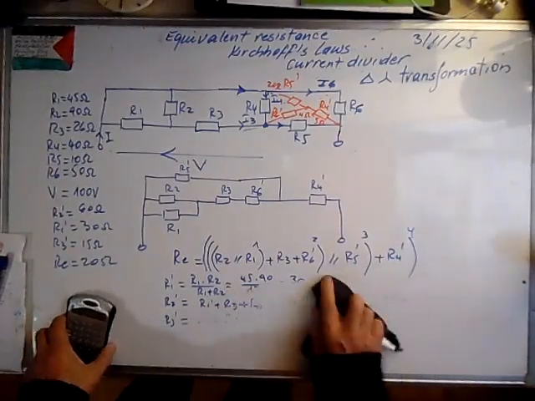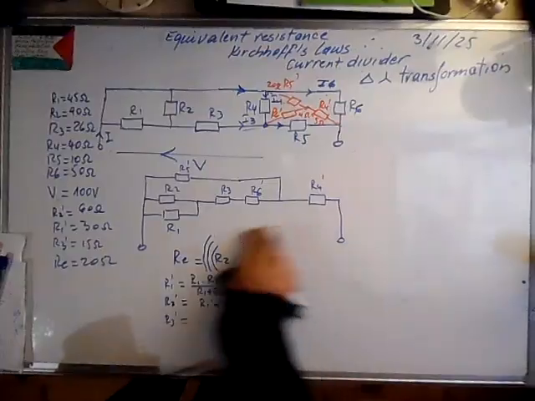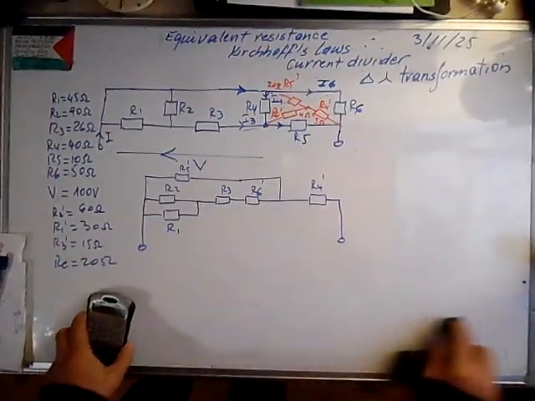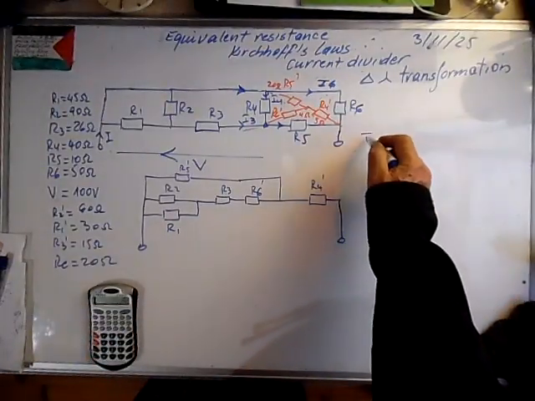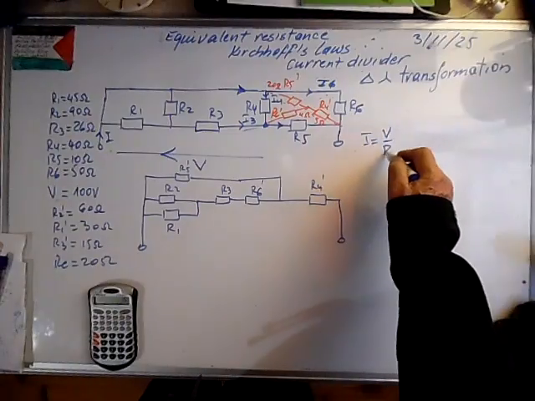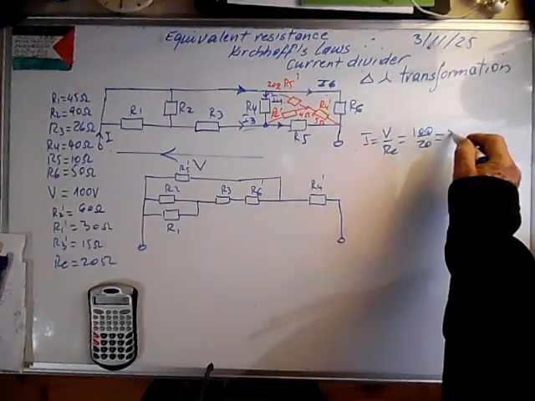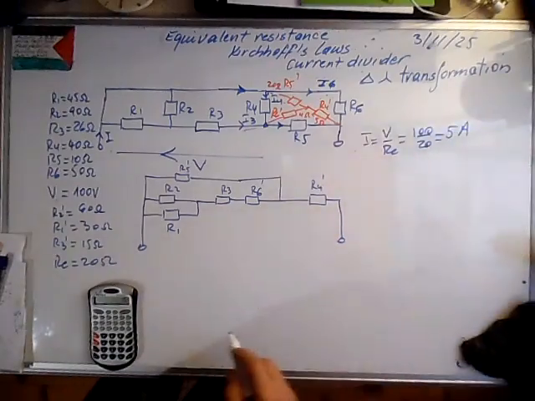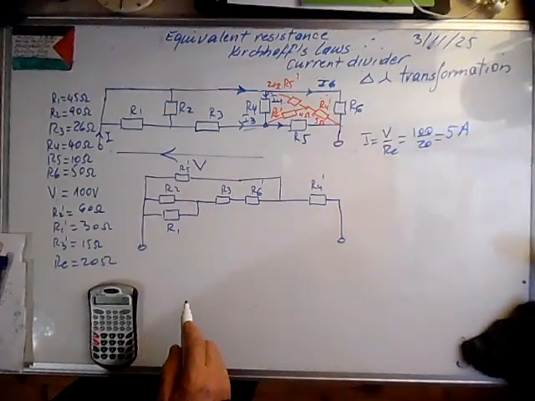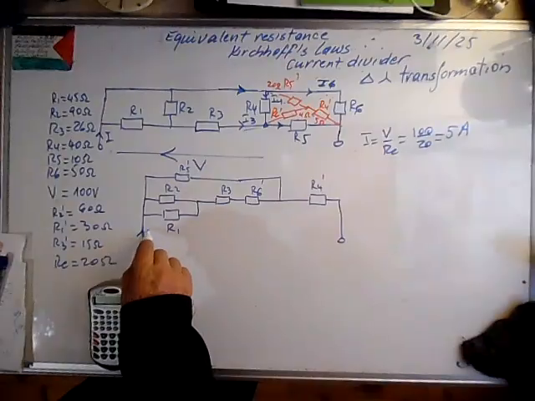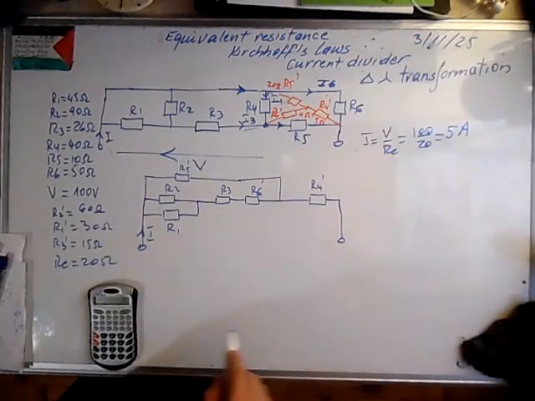the main current I, equal to V over equivalent resistance. This is 100 over 20, it's 5 amps. Once we have calculated the main current, which is 5, we use the current divider.